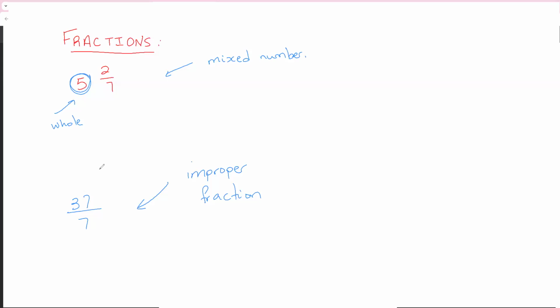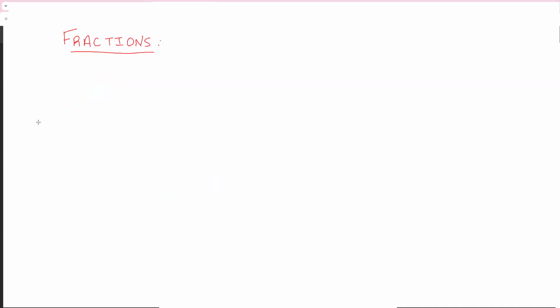All right, so let's take a look at adding fractions. In addition and subtraction, the only way we can add or subtract fractions is if the denominators are the same.